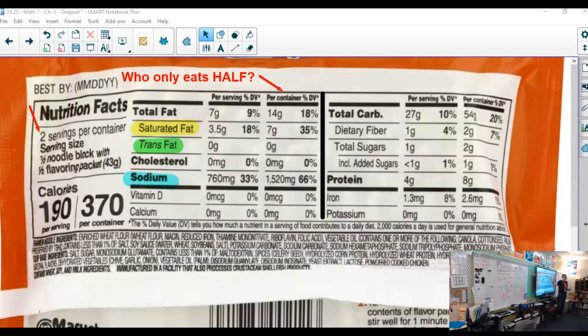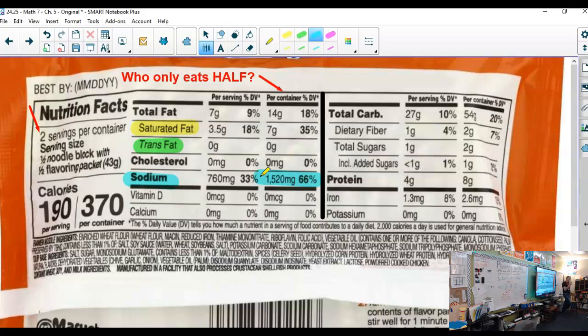So, in the container, how much of my daily value of sodium would I get if I eat this ramen? 66. 1,520 milligrams of sodium.